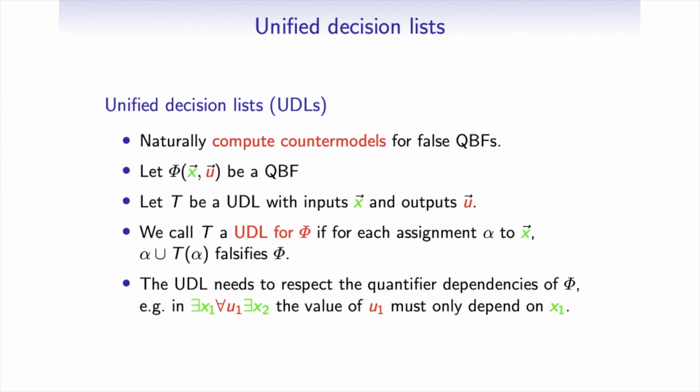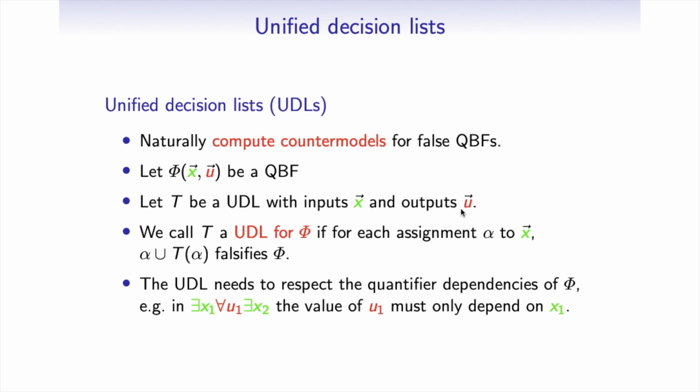Now, UDLs give us a way of computing counter models for false QBFs. So what does that mean? Suppose you've got this QBF phi, with existential variables the x's and universal variables u, and suppose we have a UDL, t, which has inputs x and outputs u.